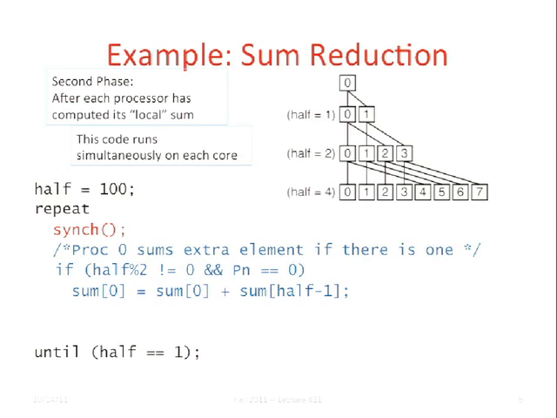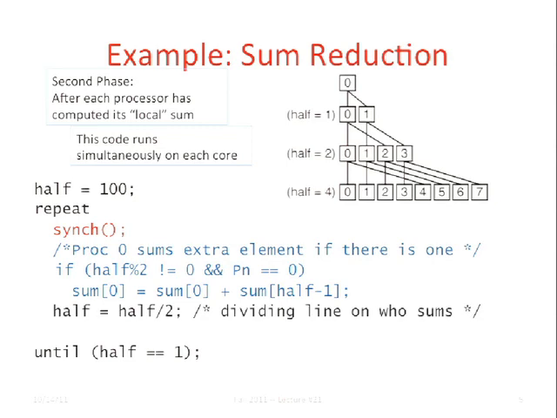There's this weird case that if you have an odd number of processors, there might be one left over. If there is, we arbitrarily decide we're going to first add that to the sum at processor 0. So processor 0 is responsible for handling not only its stuff and its buddy's stuff, but also the extra processor.